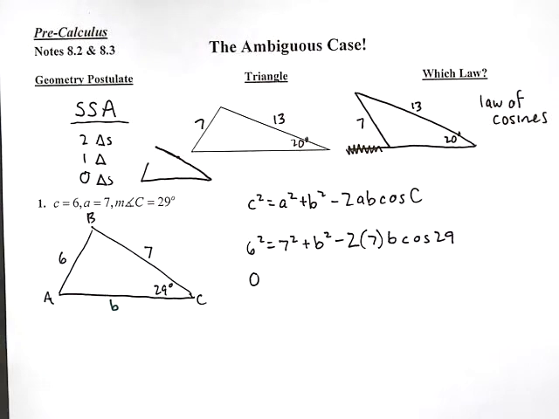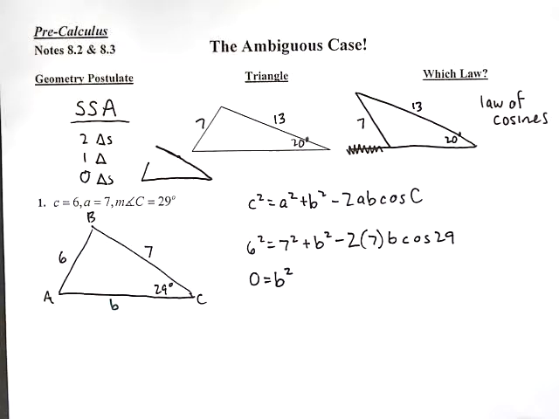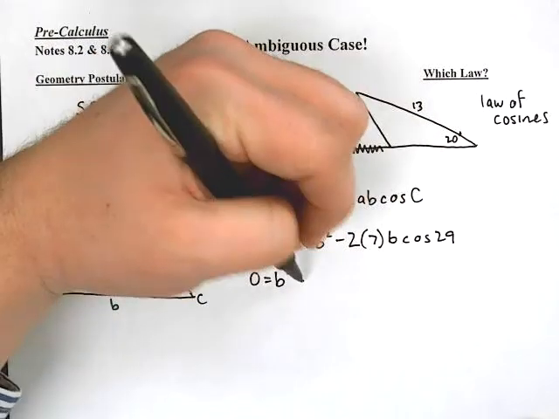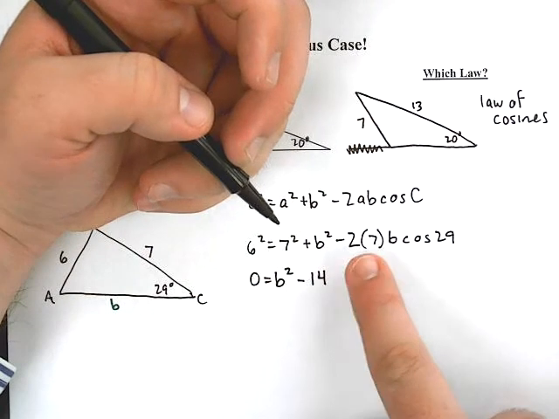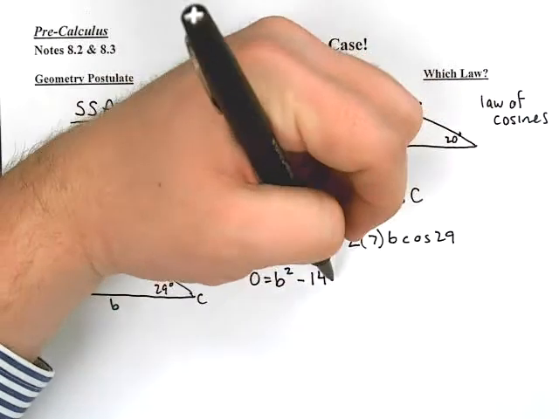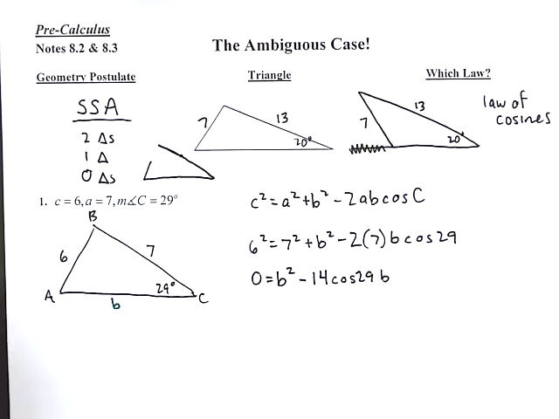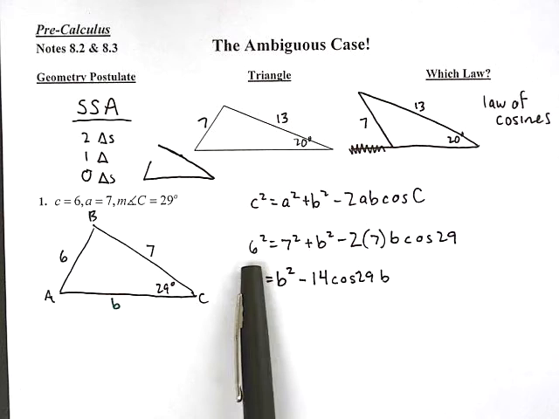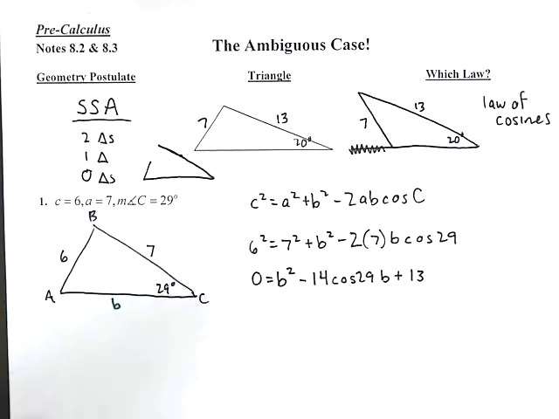All right, I'm going to rearrange this in descending order, so I'm going to start with b squared, and then I know I have minus this, so it's going to be minus 14. And what I'm going to do is make the 2 times 7 times the cosine 29 the coefficient of b. So 14 cosine 29, and that's all times b. And then lastly, I had a 7 squared, and then I took 6 squared away. So 49 minus 36, I think, is 13.